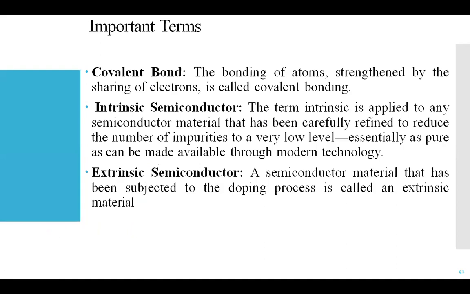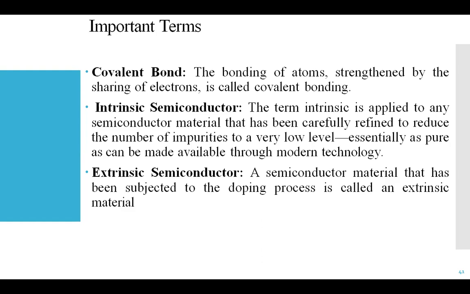So this is the definition after the intrinsic semiconductor. If you have a silicon structure and you put a boron atom into that structure, that forms an extrinsic semiconductor material, as we discussed with the p type and n type material and their construction.